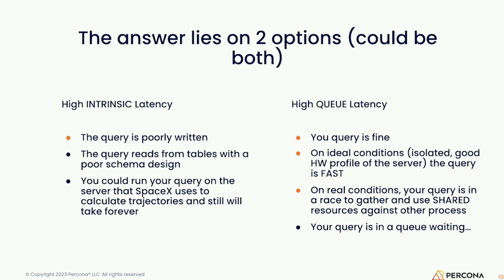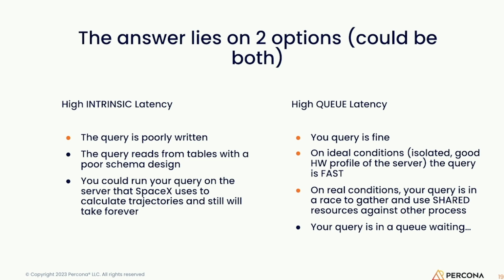Let's say the query is the most beautiful query in the world, primary keys, lookups, etc. Perfect. In ideal conditions, isolated, with a good hardware profile, the query is super fast. In real conditions, that's when it's no longer "it works on my computer." The query is in a race to get a shared resource as fast as possible, right?